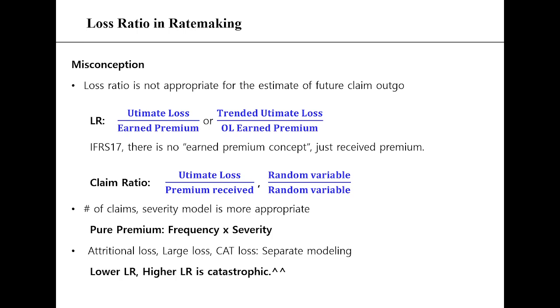Also, when we have all the claim outgo, we don't simulate in one bucket. We separate attritional loss, large loss, and catastrophe losses, with separate modeling. Once I heard that for the attritional loss we use a lower loss ratio and for large loss a higher loss ratio. This is catastrophe. It was very embarrassing.